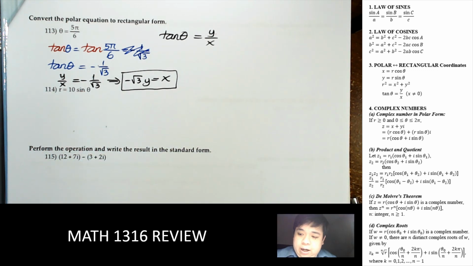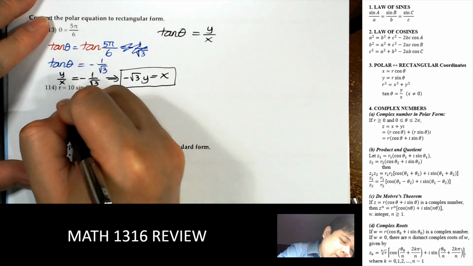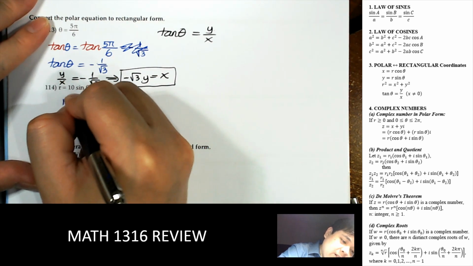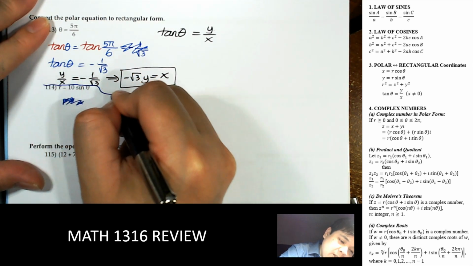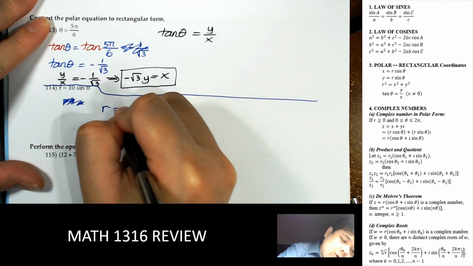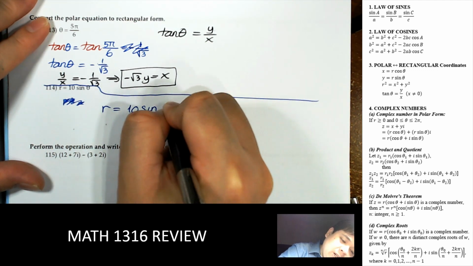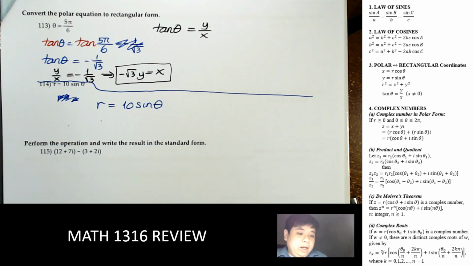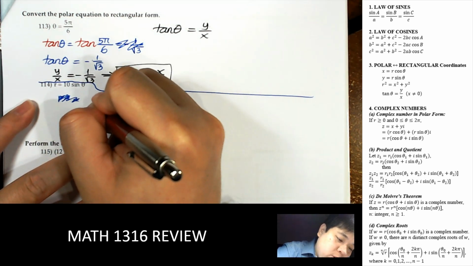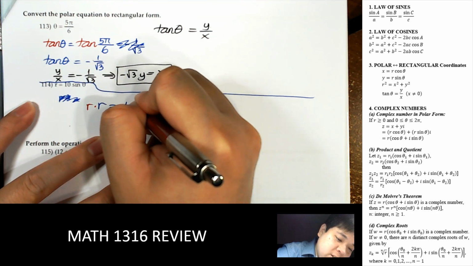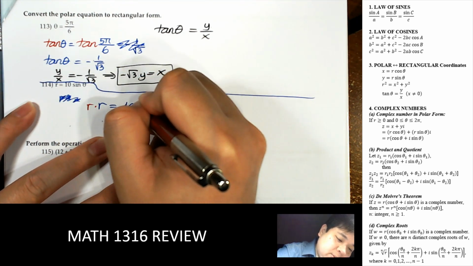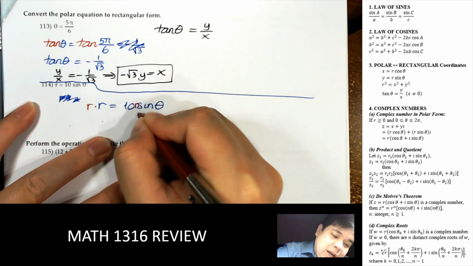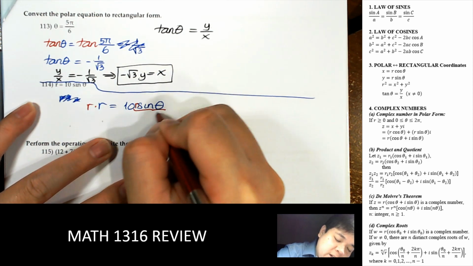Right. Next one is a little less obvious. r equal to 10 sine of theta. Remember, we don't have sine by itself, we have tangent. If it's tangent, we use y over x. This is not. So what we can do is multiply r on both sides, because r sine theta is going to be y.